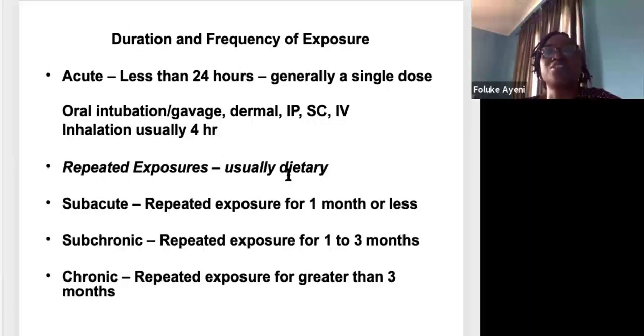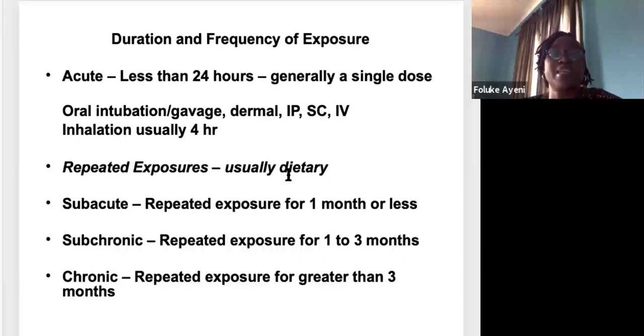Now, when we look at duration and frequency of exposure to toxicants, you could have it as being acute, whereby the person is exposed to the toxin for less than 24 hours. And that is generally a single dose or a single exposure. It's an acute exposure that is at that point in time or less than 24 hours.